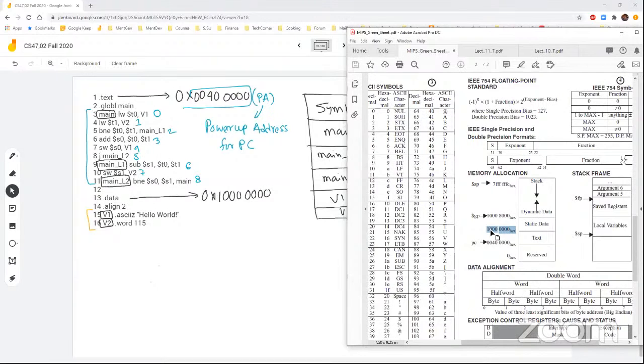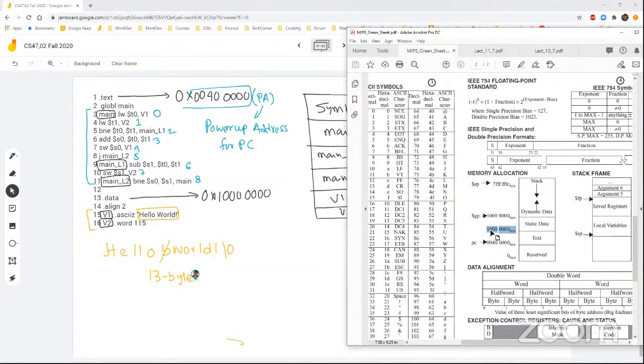Now the second one is tricky. How do we compute that? We practically need to count the bytes here. For this case, how many bytes do we have? 1, 2, 3, 4, 5, blank, 6, 7, 8, 9, 10, 11, 12, and don't forget the null character, 13. So there are a total of 13 bytes.